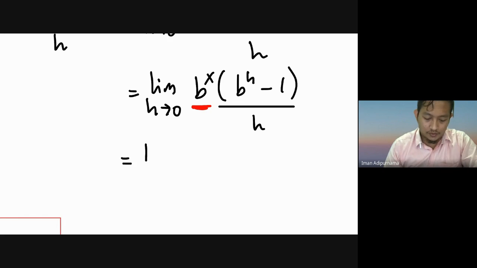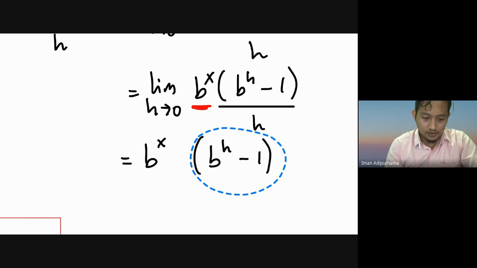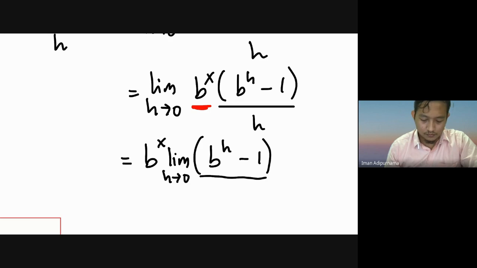So we have b to the power of x times the limit of (b to the h minus 1) over h.